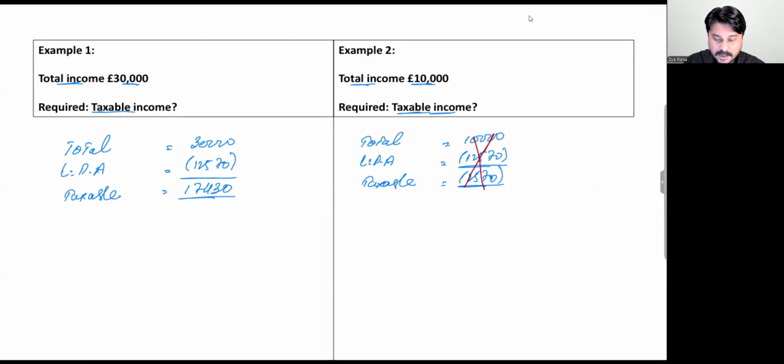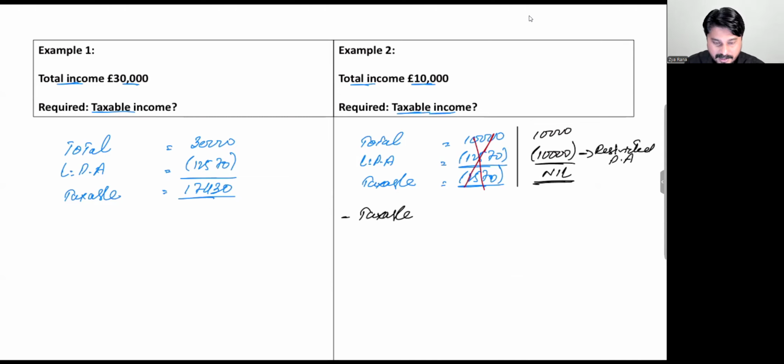If this is the case, what is the relevant step then? If the total income is less than the standard personal allowance amount, then we shall be reducing the personal allowance, and you will write that we are using restricted personal allowance. So the taxable income could be nil and it cannot be a negative figure. Let me write 2 points.